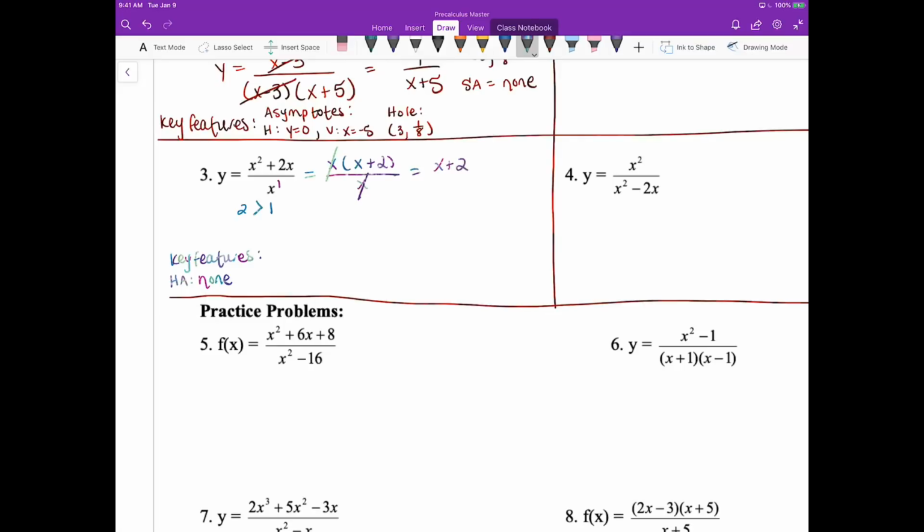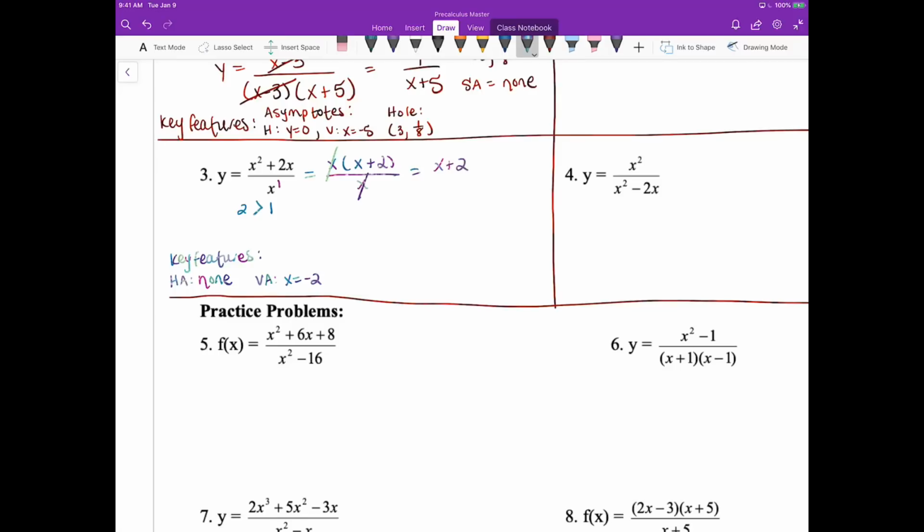The one that doesn't cross out, because I can't get rid of it, is my factor x plus 2, which means I would have an asymptote at x equals -2. So there's a vertical asymptote at x equals -2.